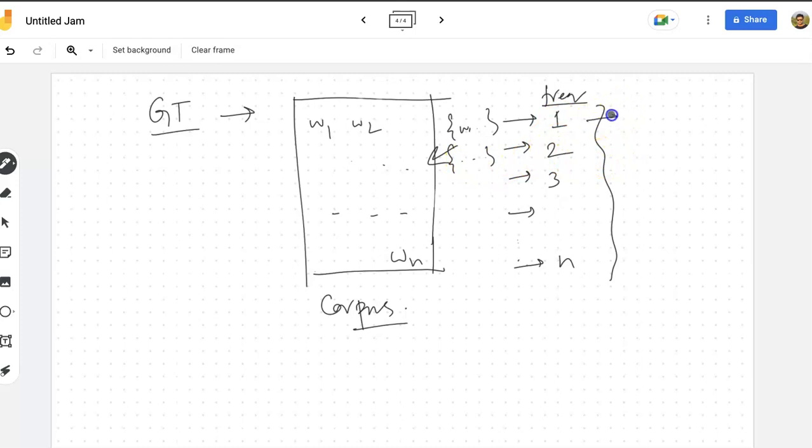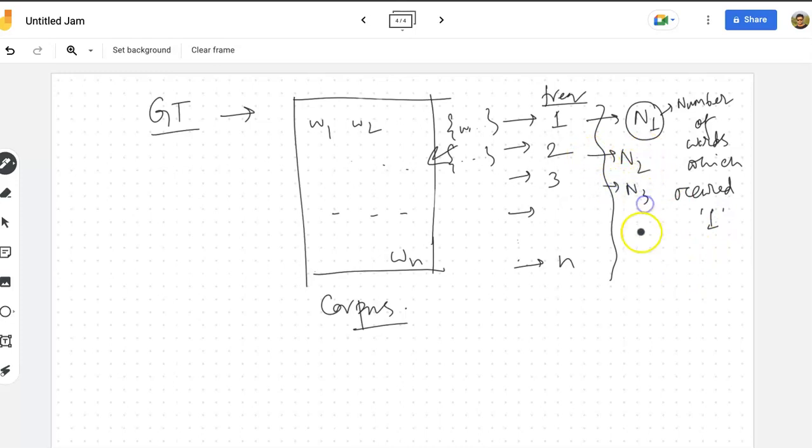Let's denote their count by N1, which is the number of words which occurred once. Similarly, you can define N2, the number of words which occurred twice, N3, and so on.